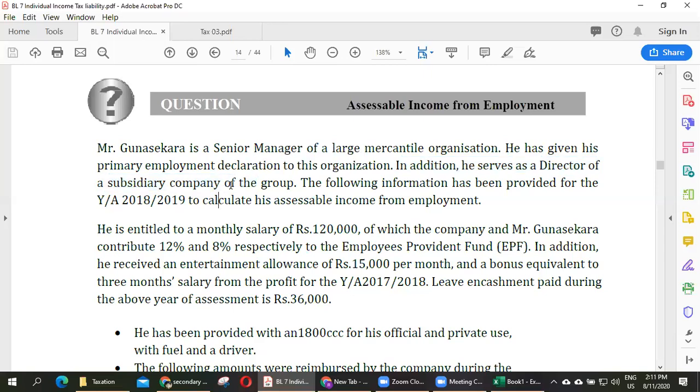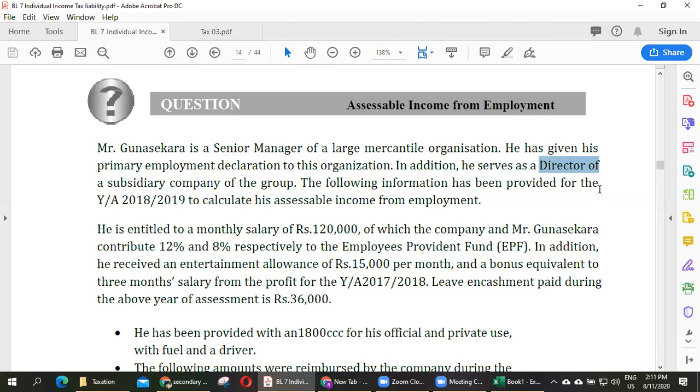Senior manager is a primary employment, and director, secondary employment. Normally teachers get a salary from a school, that is primary employment. If they are getting income from their tuition, that is secondary employment.